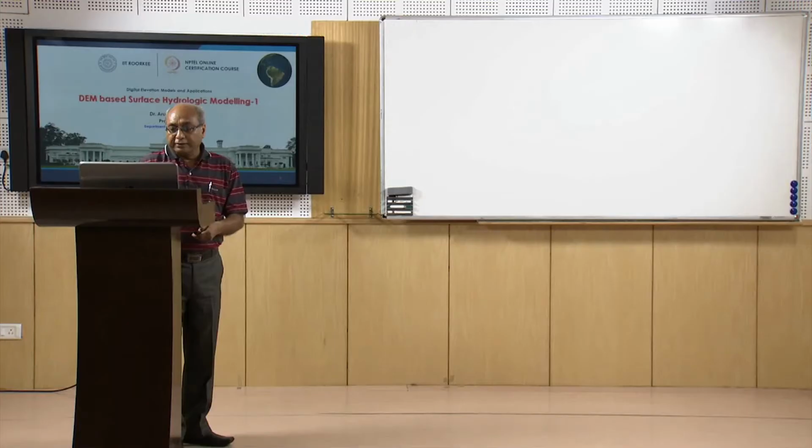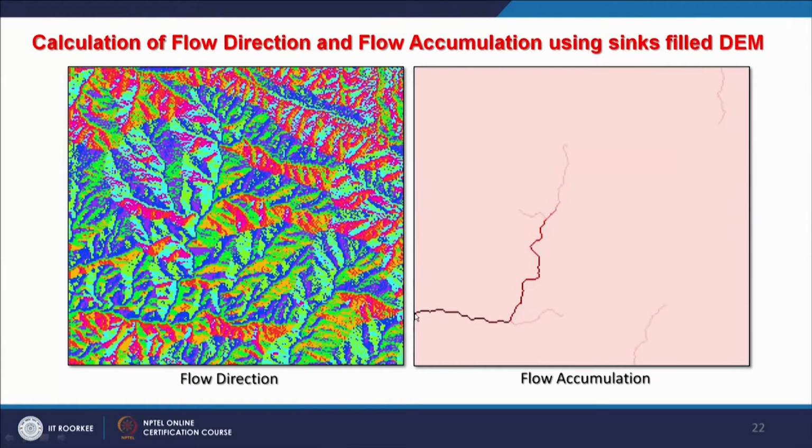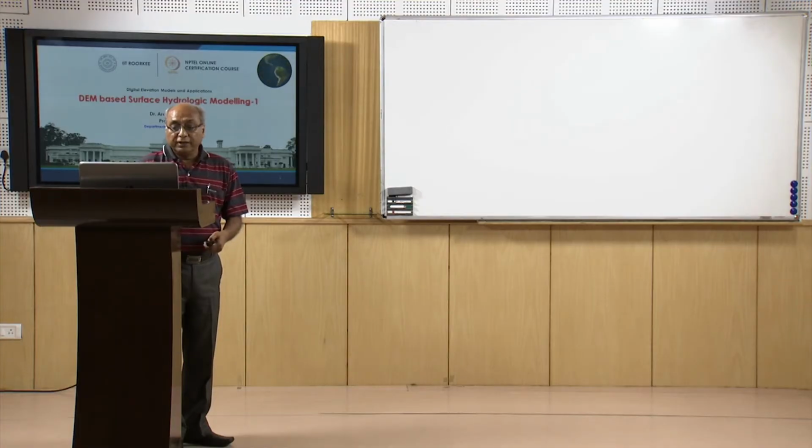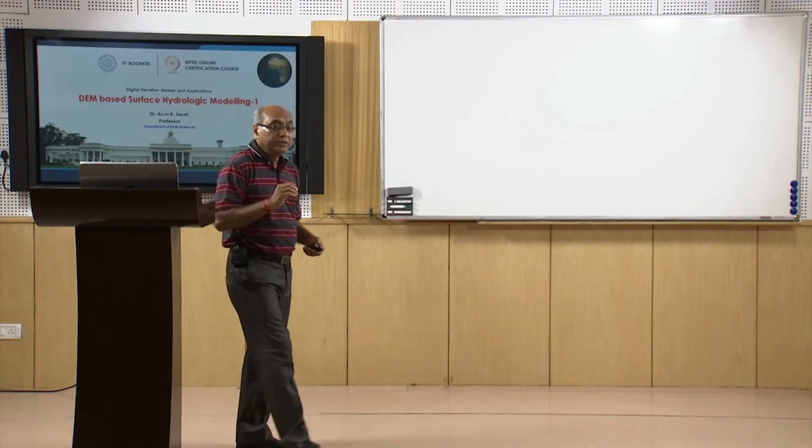If I take an example here, at this location the maximum number of cells will contribute, but if I go here, then relatively I will have fewer cells contributing at this point. So this is what it means: flow accumulation in its simplest form is the number of upslope cells that flow into each cell, and therefore the values will be accordingly.